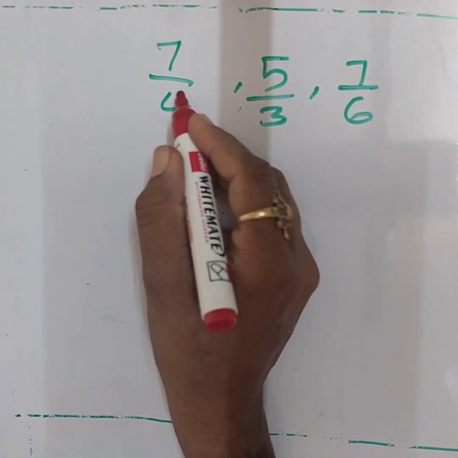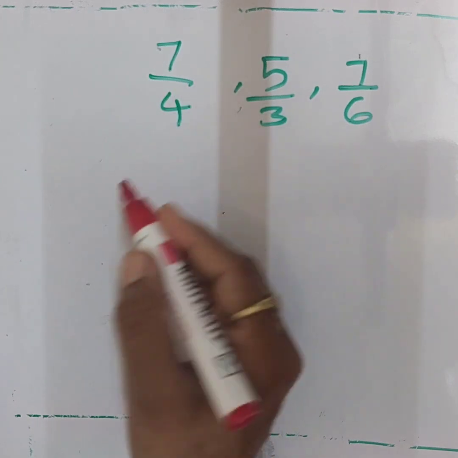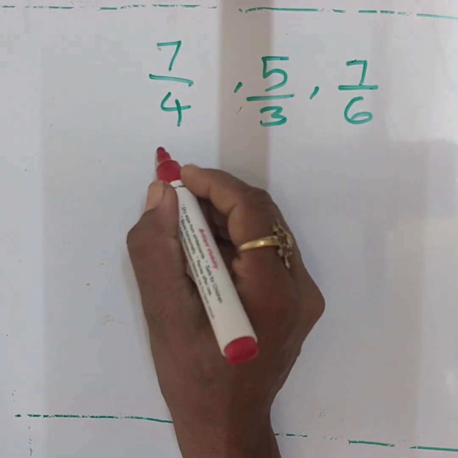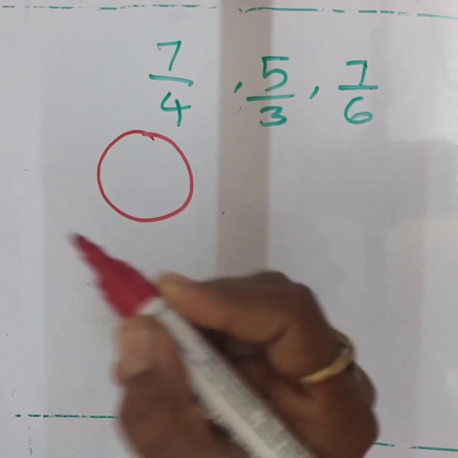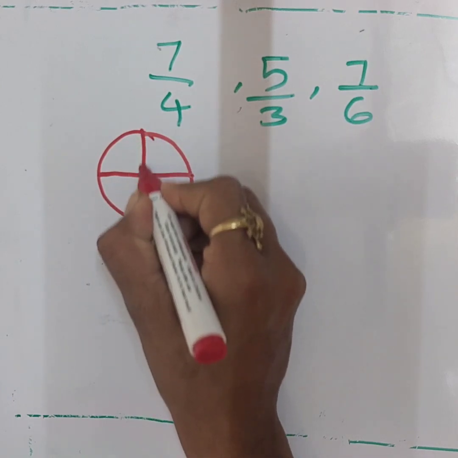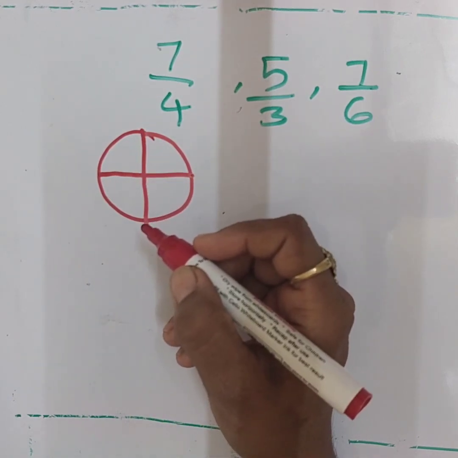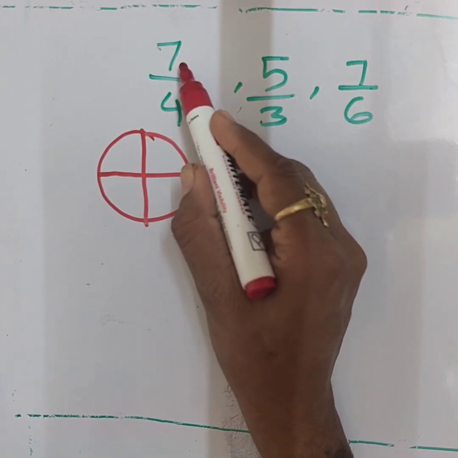Okay, so 7 by 4. The one whole is divided into 4 parts. What is the denominator? That is the division of the whole into parts. So 4. I am dividing this circle into 4 parts. And what is the numerator? 7.